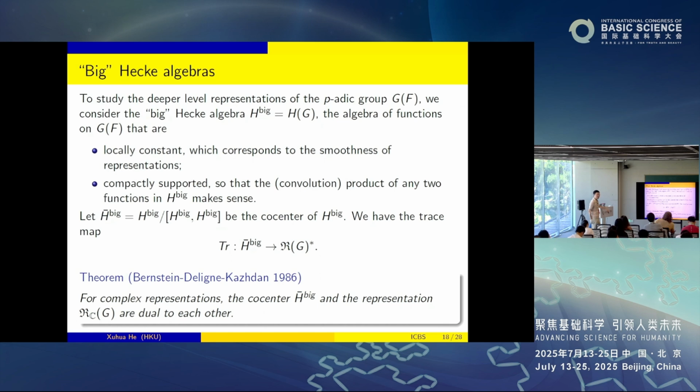We can also form the cocenter, and then we have the natural trace map from the cocenter of the big Hecke algebra to the Grothendieck group of representations of the p-adic group. Bernstein, Deligne, and Kazhdan proved in 1986 that for the complex representations, the cocenter and the representations are dual to each other.